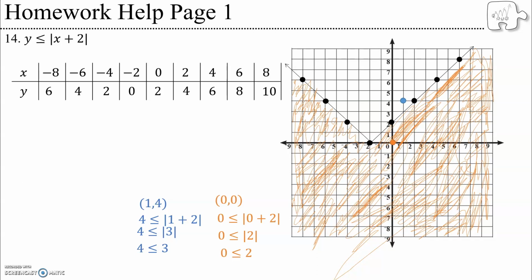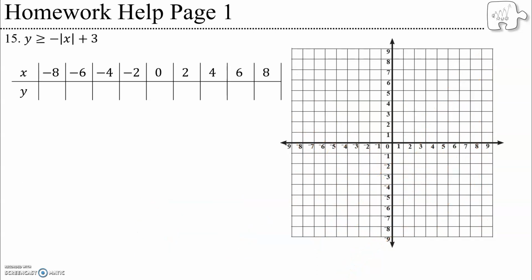So for the next problem, this was 14, now you have 15. So this one's a little bit different: y is greater than or equal to negative absolute value of x, then you add 3. So you take x, you make it positive, then you make it negative, then you add 3, right?